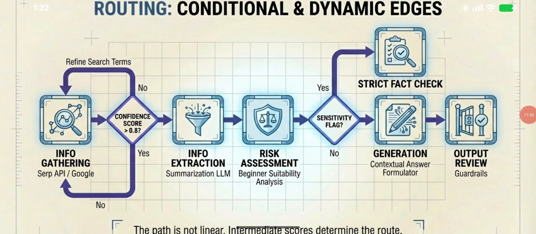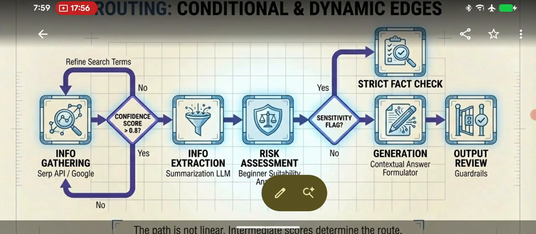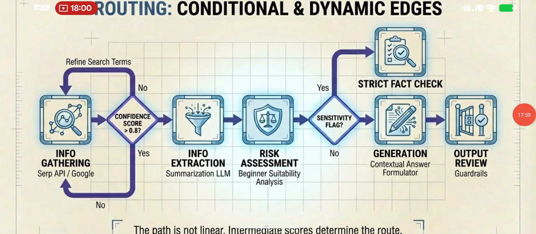So let's understand how the different agents and edges would look. As I mentioned, information gathering is done, then its scoring is done. Once the scoring is done, it calls the next agent for the extraction, and that output goes to the risk assessment based on the sensitivity flag. The fact check is done, and based on the output, the next agent, generation, is called, and finally the guardrails.